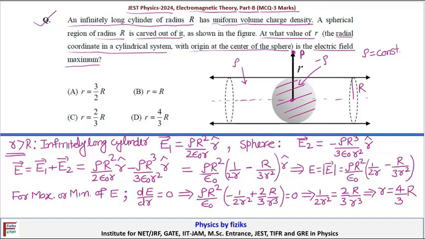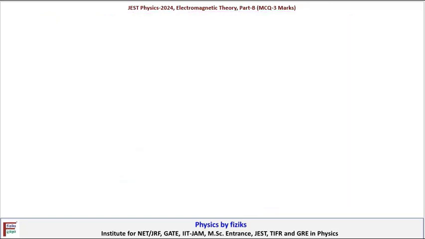Now we will check whether at this point the electric field will be a maximum or minimum. So let's check it. We will calculate the second derivative, d2E by dr2. So that will be given by rho R square by epsilon naught, and this will be 1 by r cube minus 2R by r power 4.